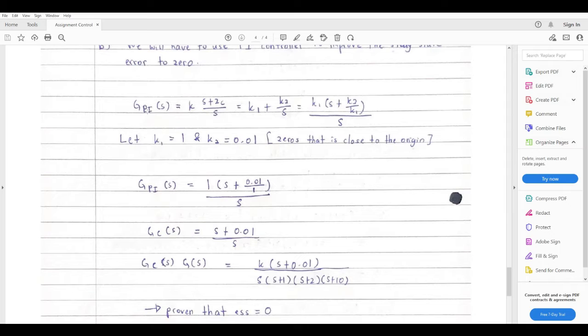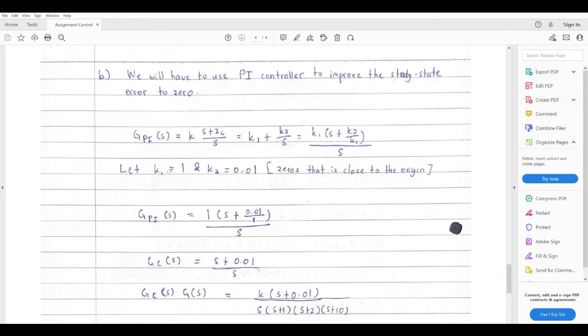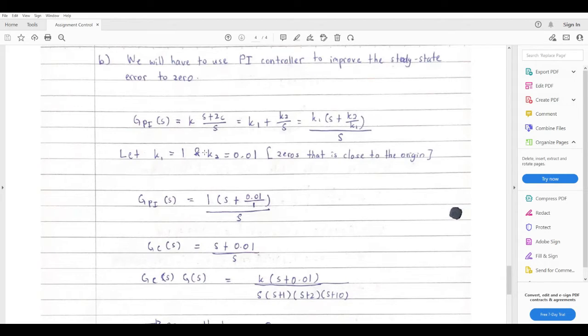So the formula is GPI S. So this is the formula. Okay, so the question given K1 equals to 1. So the K2 we will use 0.01 because the zero is the close one to the origin.